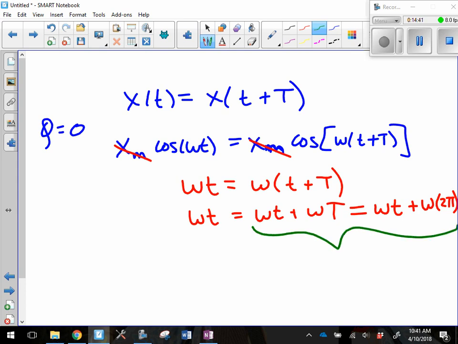And if I just look at this part, because really what I want to find is capital T. Oops, wait a minute. I did not mean to do that. That should just be 2 pi. I'm sorry. Because it's the fact that I want the whole cosine to repeat itself. So if I go back up here where this is omega t plus omega T, I need the whole cosine function to repeat itself. So that's going to be 2 pi.